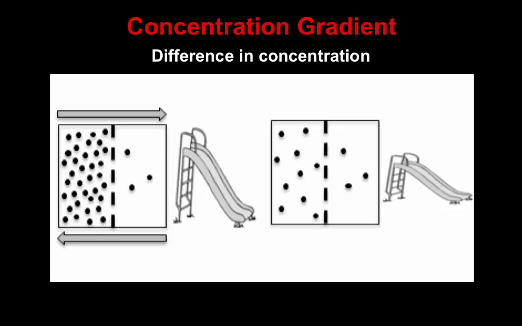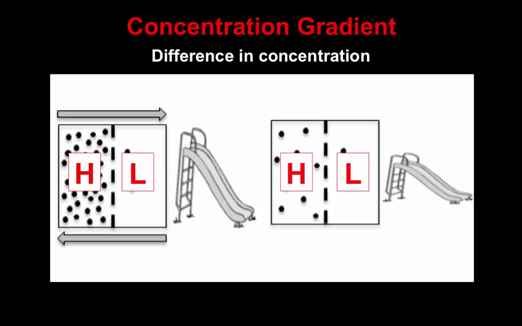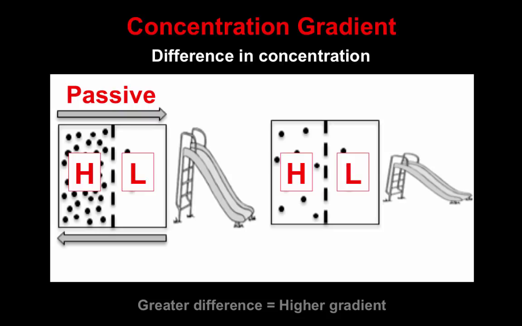So that's like a less steep slide. So if you're moving down the slide or down the river, it's passive. You don't have to do anything. You just let go and gravity takes over and you go down the slide.